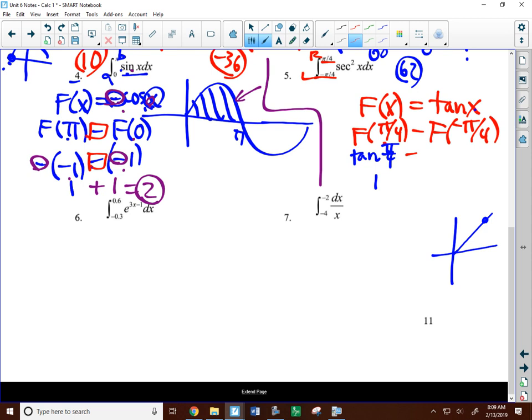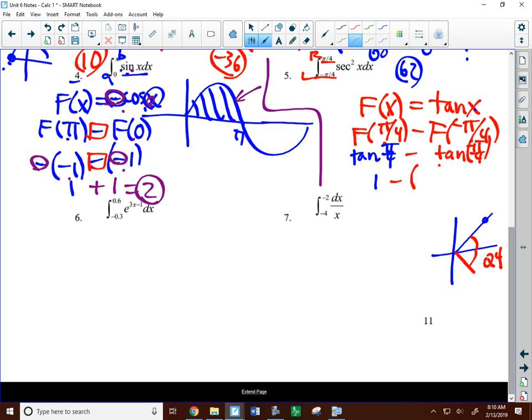Okay, then f of negative pi over 4. So this is tangent of negative pi over 4. Negative values go in the opposite direction. This is positive pi over 4, this is negative pi over 4, so we're in quadrant 4.